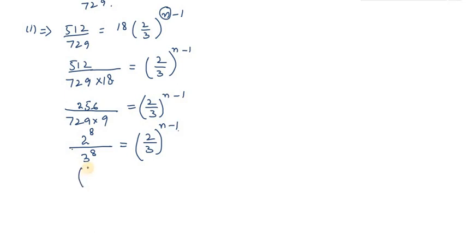So 2 upon 3 whole power 8 is equal to 2 upon 3 whole power n minus 1. By comparing the powers, we get n minus 1 is equal to 8.